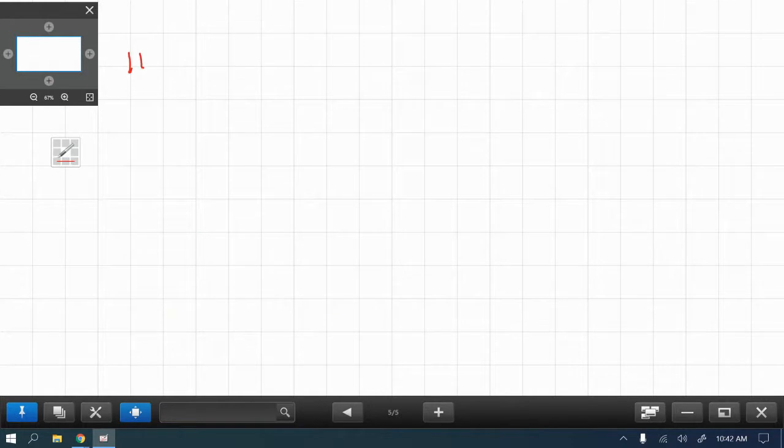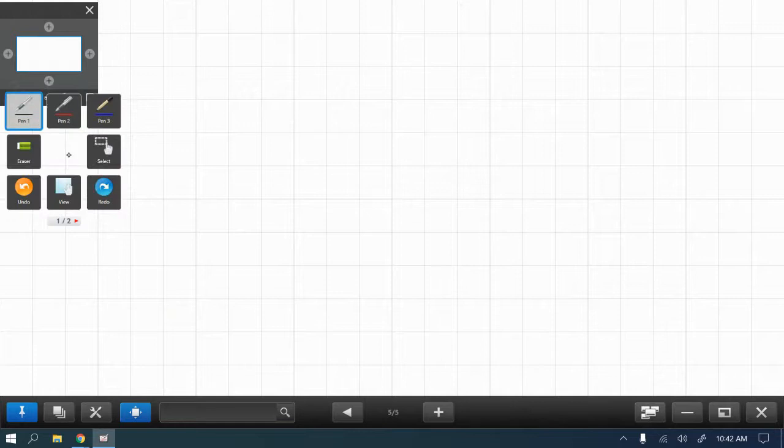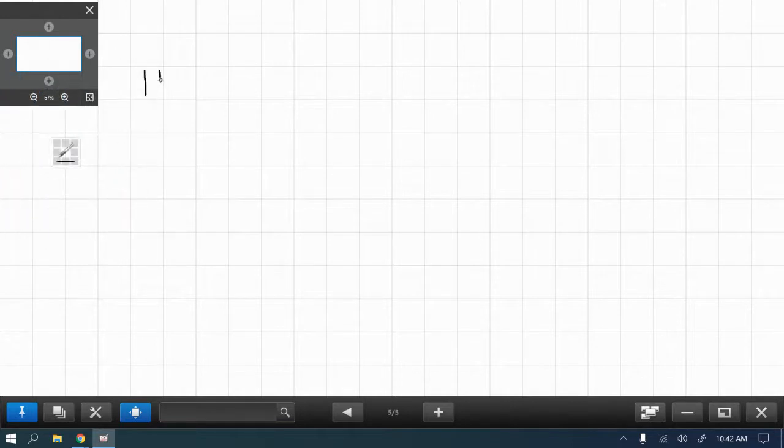11. This one got a lot of people. Had somebody had it right and then turned around and marked it out. All right.